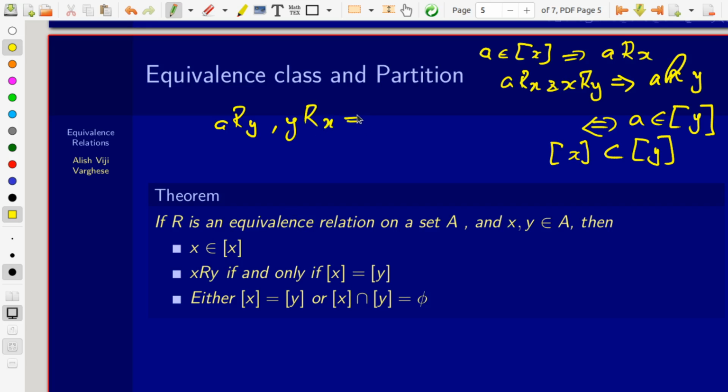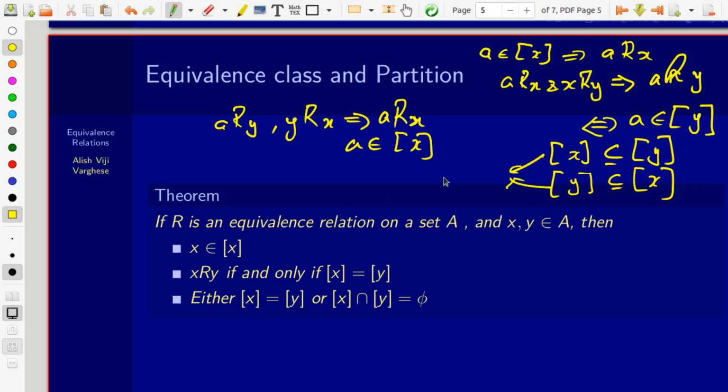By combining these two using the transitive property, a is related to x, and therefore a belongs to the equivalence class of x. So we conclude that the equivalence class of y is a subset of the equivalence class of x, and from these two statements it is obvious that the equivalence class of x is equal to the equivalence class of y.